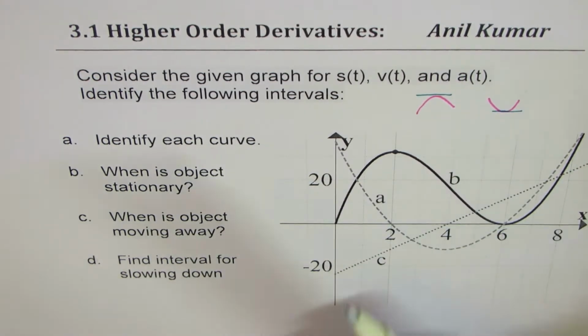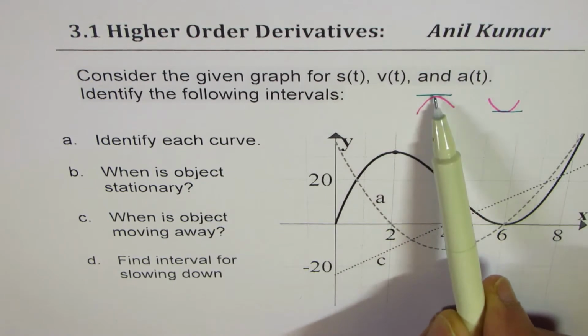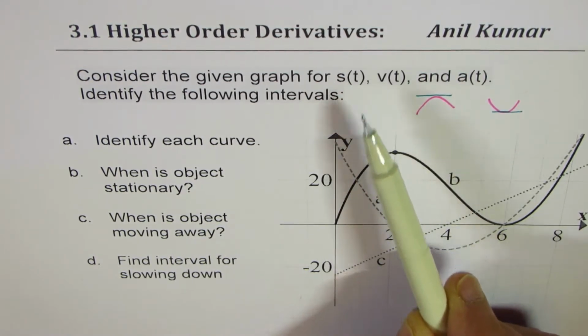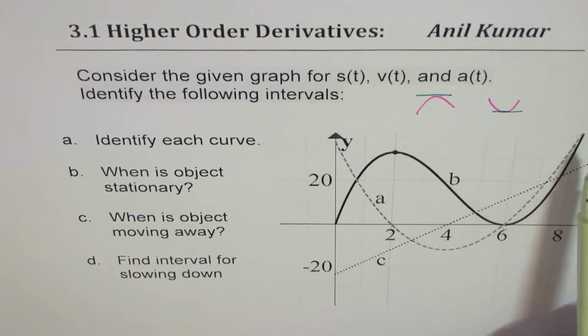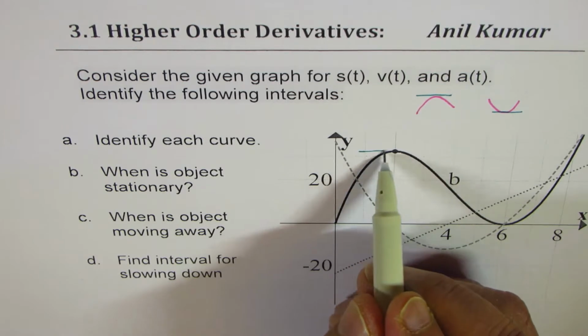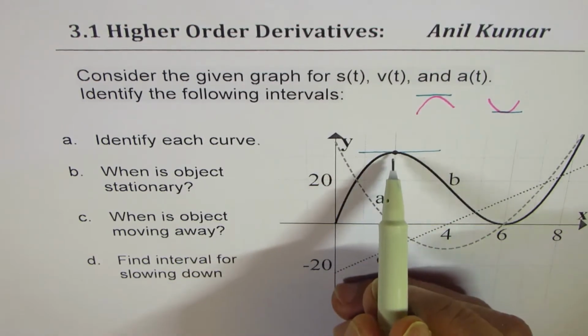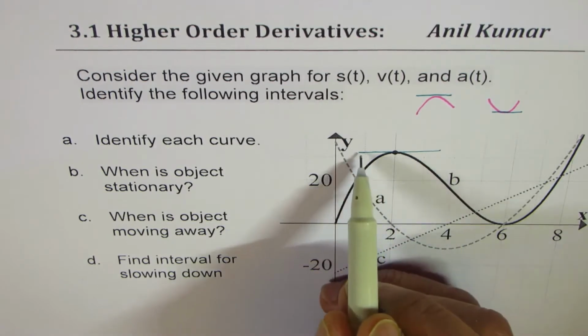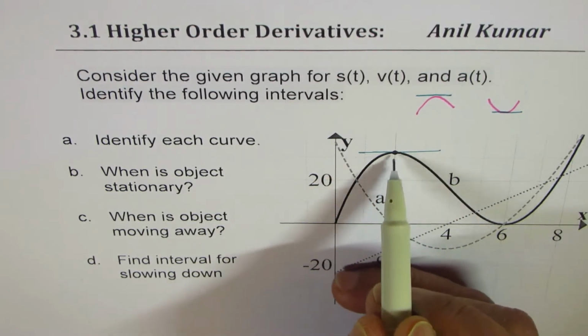Perfect. So derivatives will have that kind of a slope on the function itself, right? Let's look into this bold graph here, which is B for us. If I draw a tangent line here, what do I notice? The derivative of B should have 0 at this place.